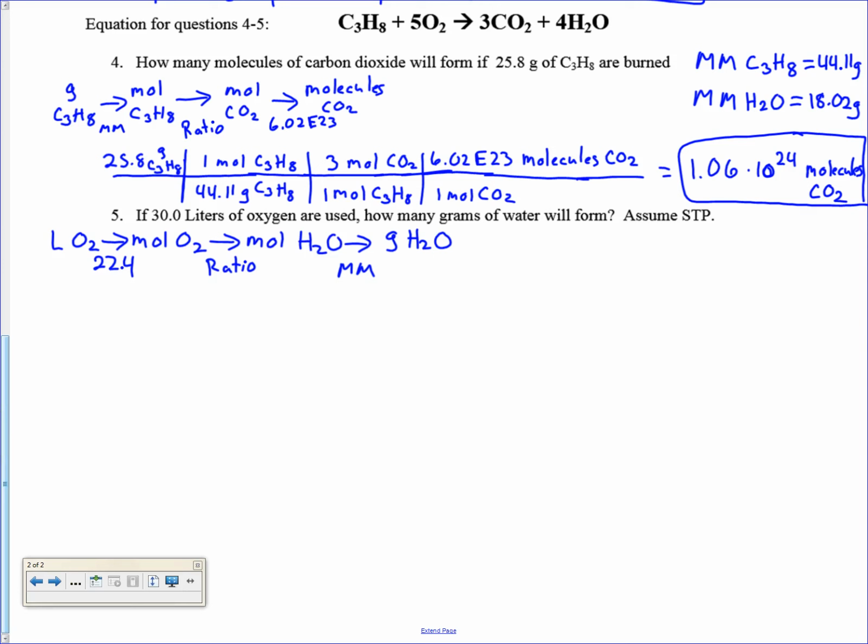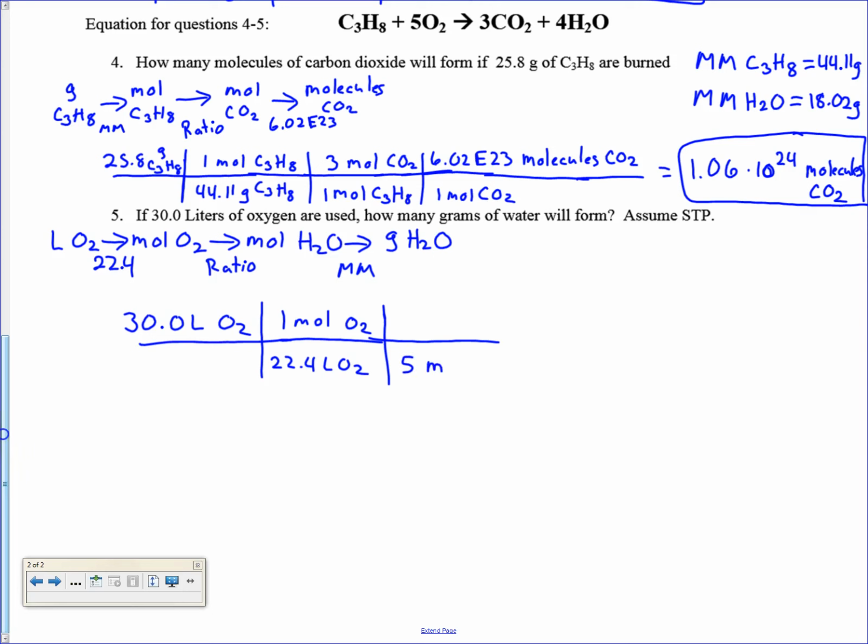So starting out here, 30.0 liters of O2. There are 22.4 liters of O2 in 1 mole of O2. Looking at the balanced chemical equation, we see that for every 5 moles of O2, there are 4 moles of water.